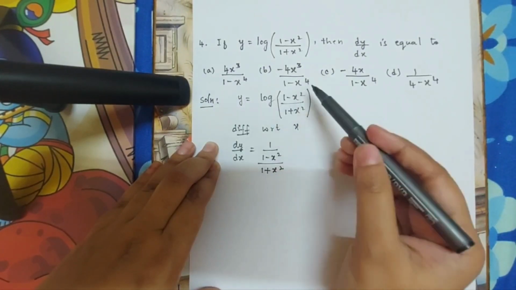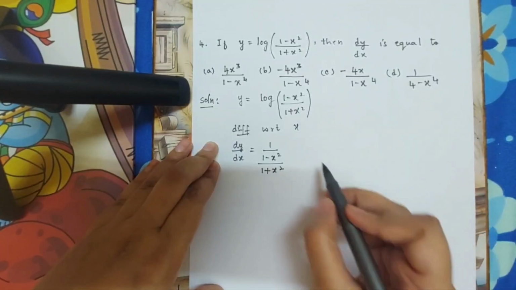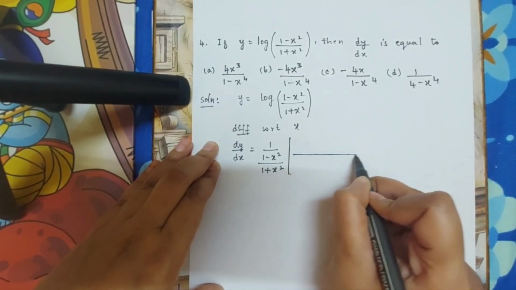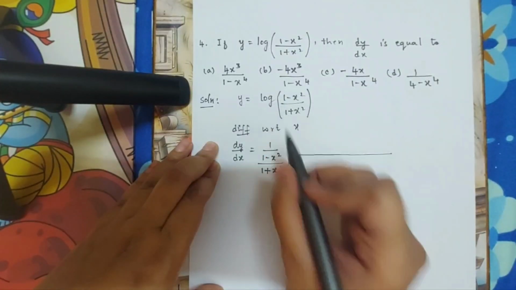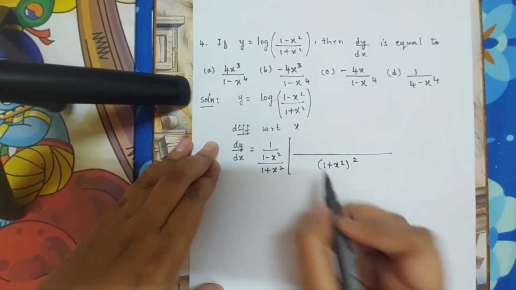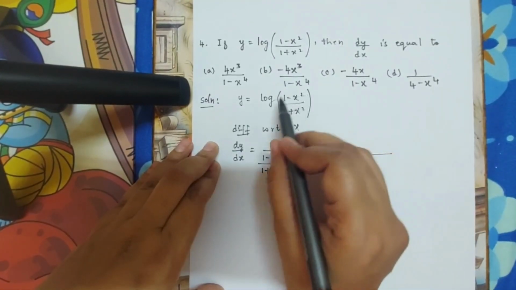Now this is of the form u divided by v. So we will be applying the quotient rule here. The quotient rule tells us, first we consider the square of the denominator, and denominator into differential of numerator.